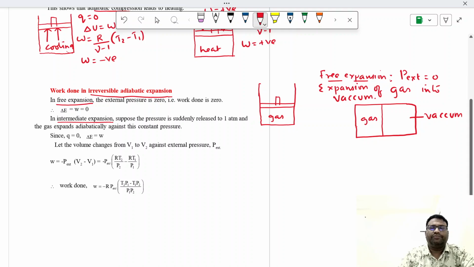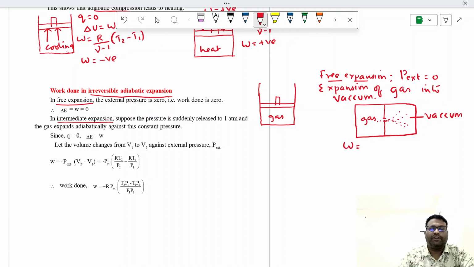Now when you keep a small hole here, then what happens? This gas expands and spreads. So what is the work done by the gas now?